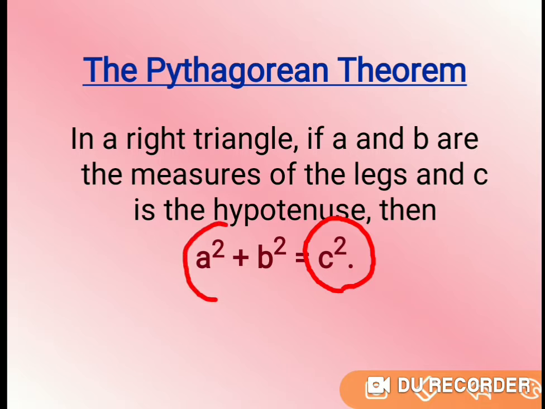So A and B are two perpendicular sides. When you square those two perpendicular sides and add them, that will be equal to the square of the hypotenuse of the triangle. So this theorem is given by Pythagoras, which says that the square of the hypotenuse is equal to the sum of the squares of the remaining sides, the perpendicular sides.